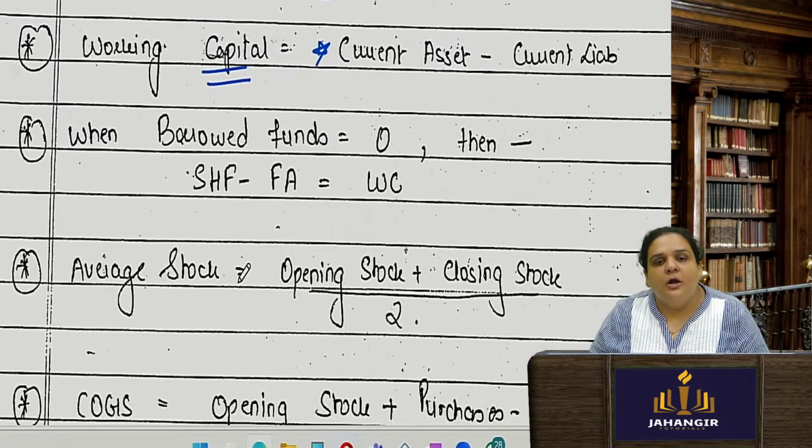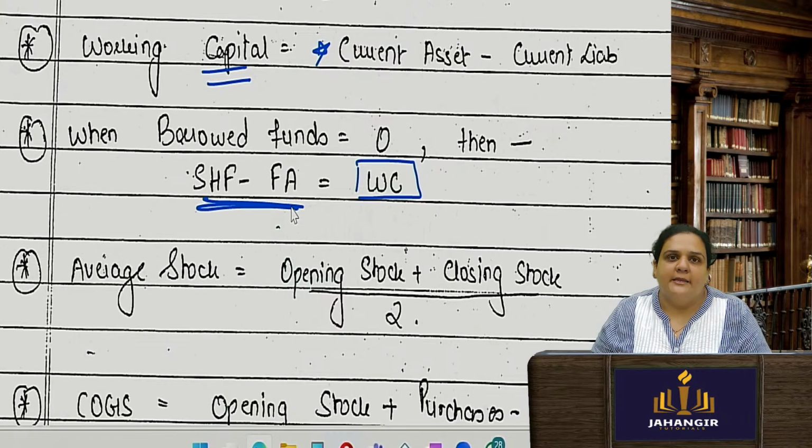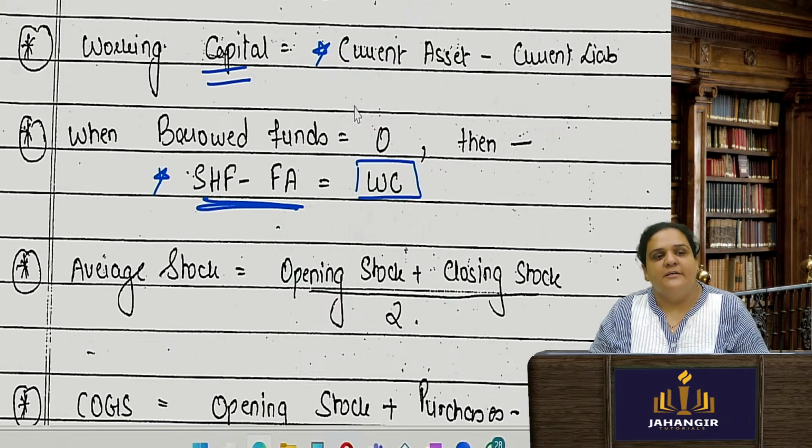Say if you do not have any borrowed funds, then you can say your working capital is nothing but shareholders funds minus fixed assets. This is used very rarely, when borrowed funds is zero.